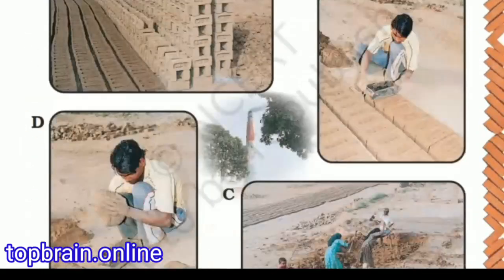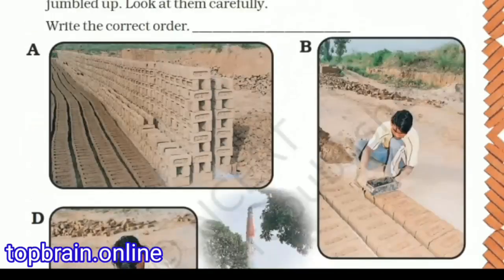Here some pictures are given. See first picture A and B. These pictures are jumbled. We have to arrange these pictures in a proper sequence of making bricks. So observe first picture A. These are the stacks of bricks.